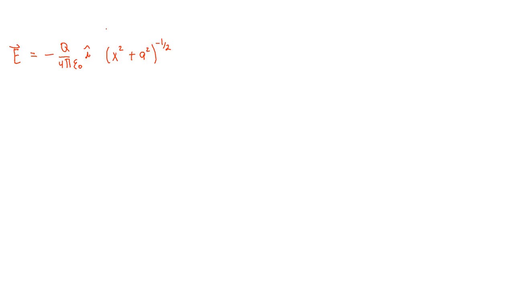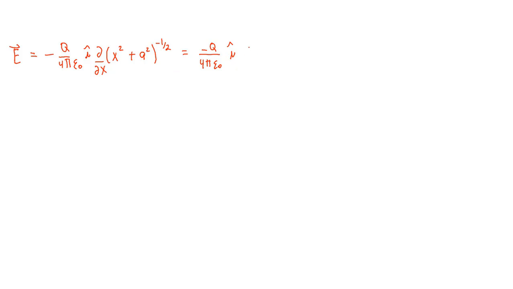I'm going to go to a fresh page and rewrite those terms. So all I've done so far is just copy over from the previous page. Now we're going to find the partial derivative with respect to x of this term. So we're going to use a chain rule here. All of our constants come along for the ride, 4 pi epsilon 0, and our unit vector comes along for the ride.